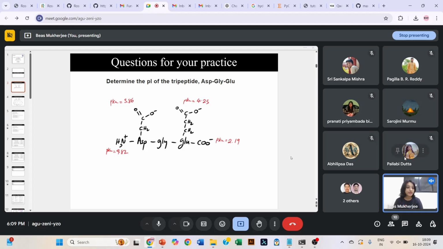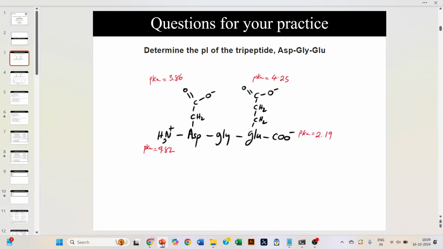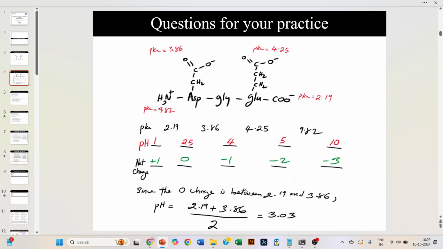Okay, shall we look at the answer then? Let's look at the answer, okay? So see, what is happening? All these 4 pKa values are given, right? When the pH is less than the first pKa value, your net charge is going to be +1. As we increase the pH, the net charge is going to become 0.